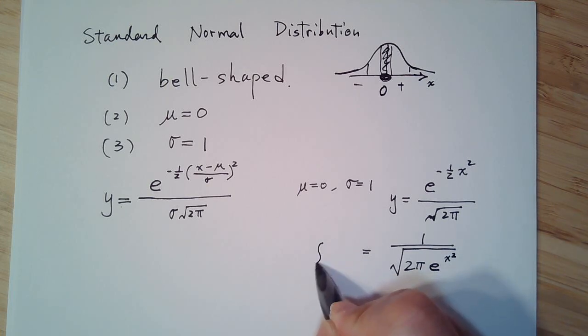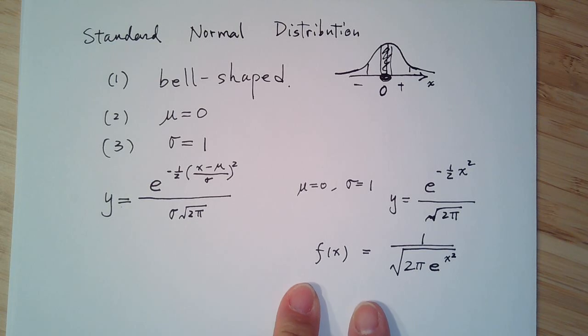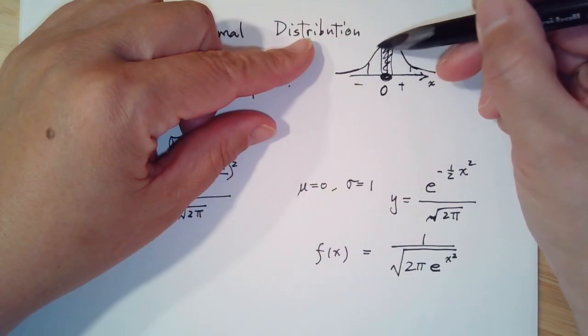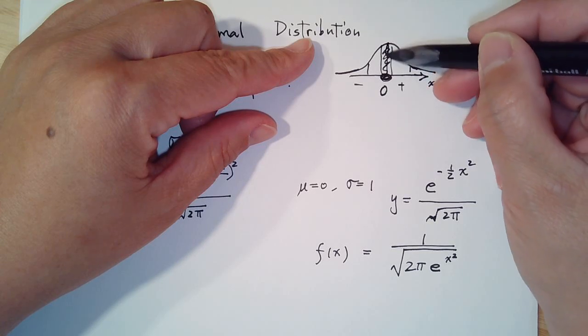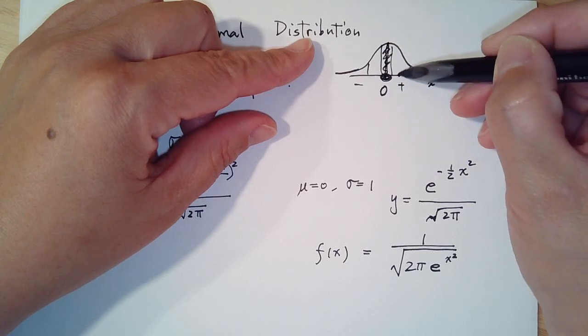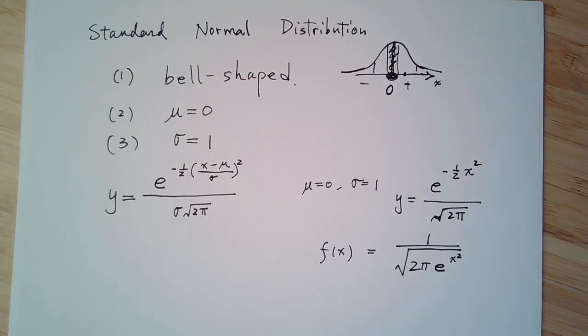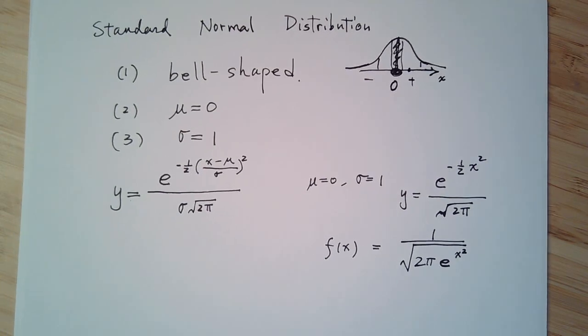If you put this in your calculator, you're going to see a graph that looks like this. It's bell-shaped, and when x equals 0 it is the center, and maybe around here is 1. So you're going to see that kind of distribution. The graphing calculator can show you this.